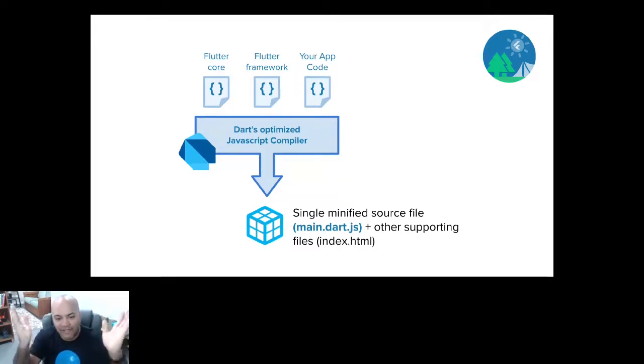And then that compiler runs all your code, compiles it to a JavaScript file, generates an index.html, may generate some CSS, and it also generates like a WebAssembly, depending on the type of web renderer you picked. But at the end of the day, you're going to get server compatible files that you can just drop on any web server, and then you can host your application.